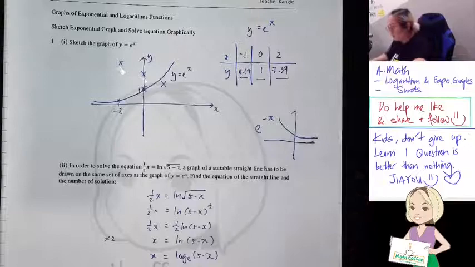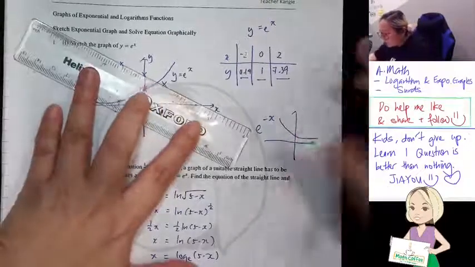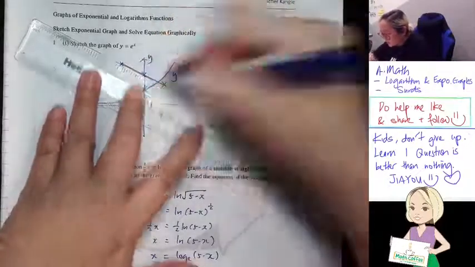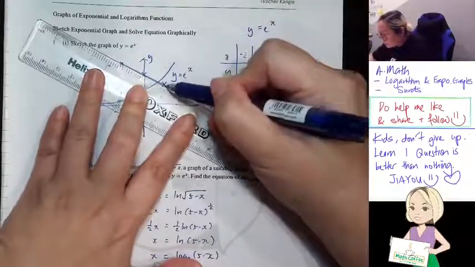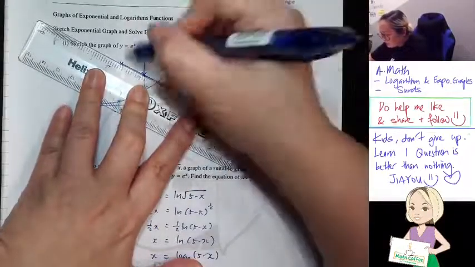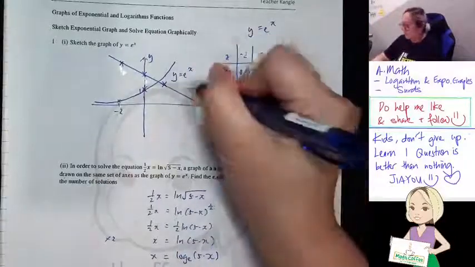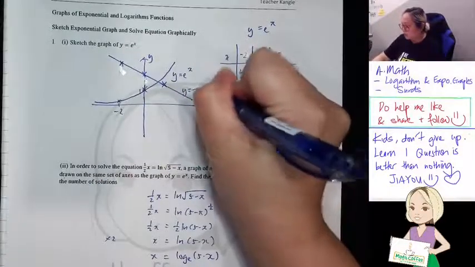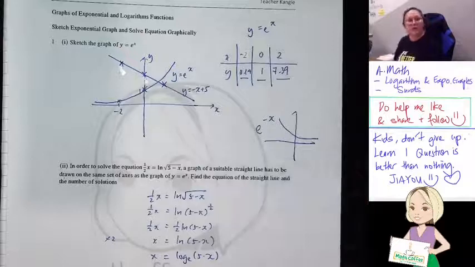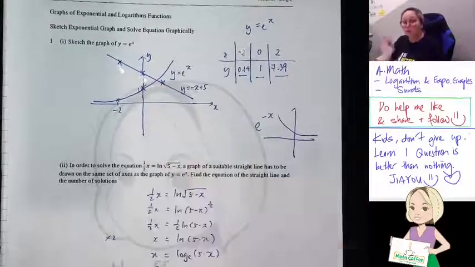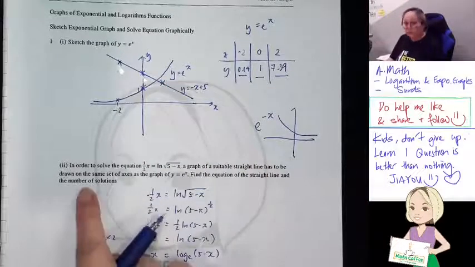After that, we're going to just join them. You can extend, no problem. It's a straight line, you can extend. And lastly, on the line, you have to label it as y equals minus x plus 5. They will not ask you what is the point. They will only ask you the number of solutions.